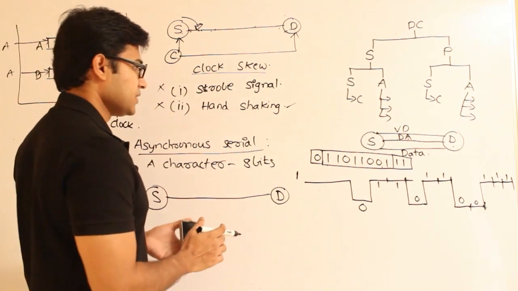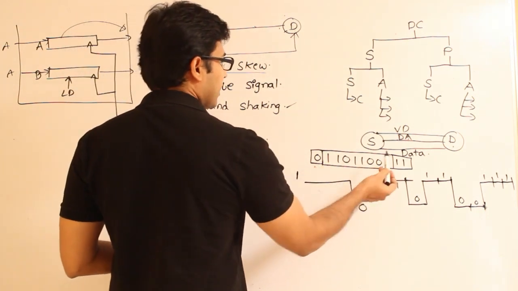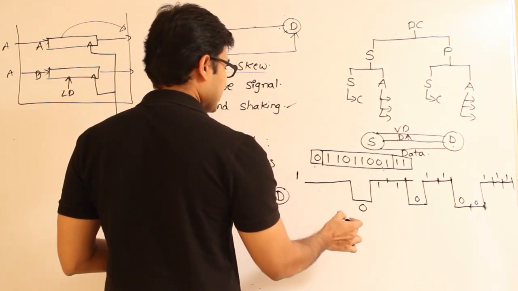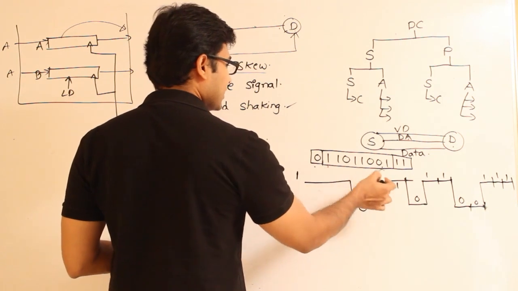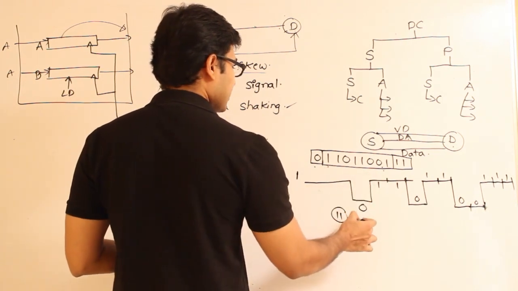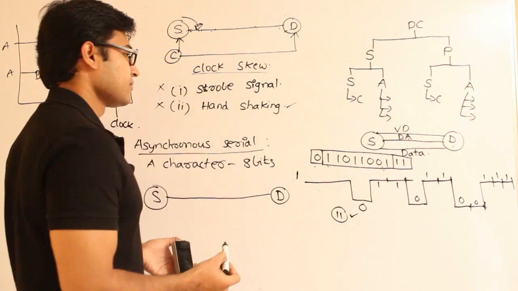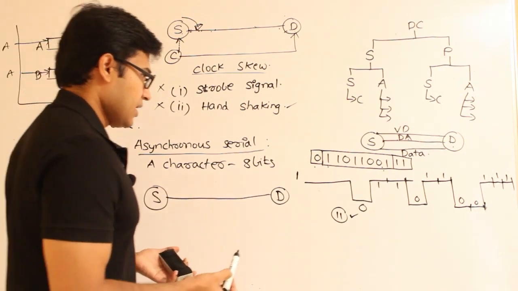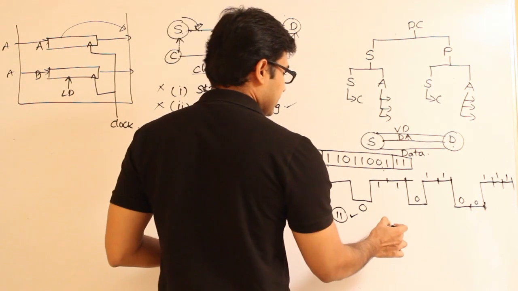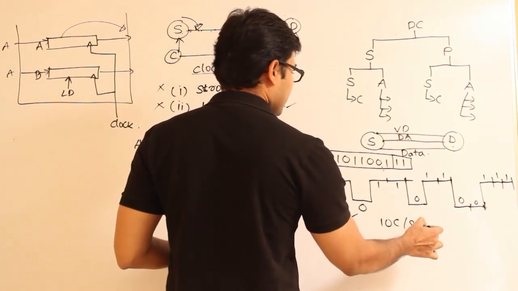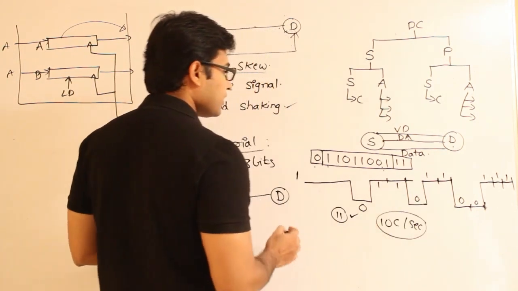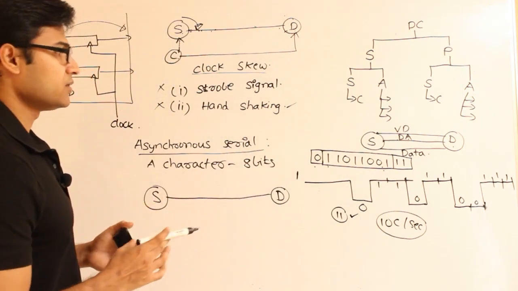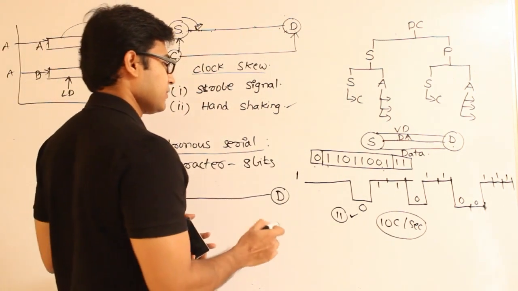So if you see this, for sending 8 characters, you are actually sending 11 bits. Sorry, for sending 1 character, you are actually sending 11 bits. If the question is like this, if a typist is typing at a rate of 10 characters per second, what is the data rate that our channel should support in bits per second?